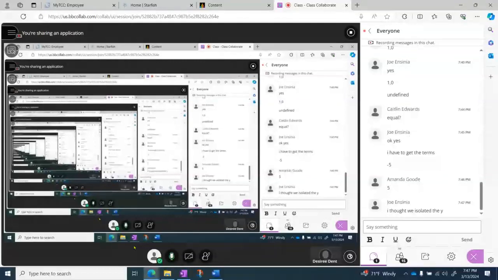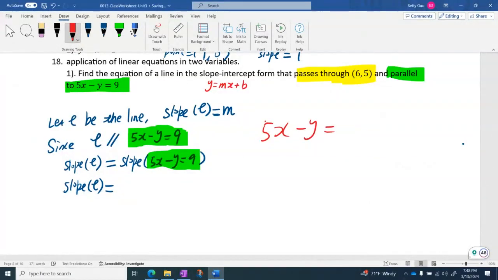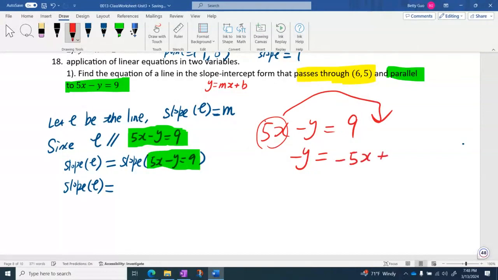I thought we isolated the y. Yes, we are isolating y, I'm just doing it a different way. So 5x minus y equals 9. Let's isolate the y on the left side. We move 5x over, so we have negative 5x plus 9. However, isolating y means y needs to have coefficient positive 1, not negative 1.